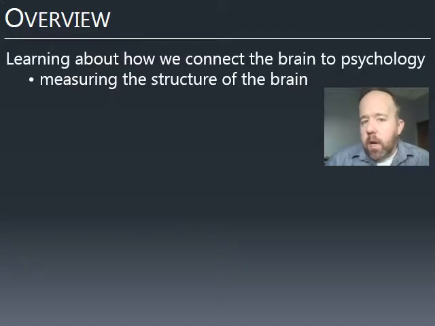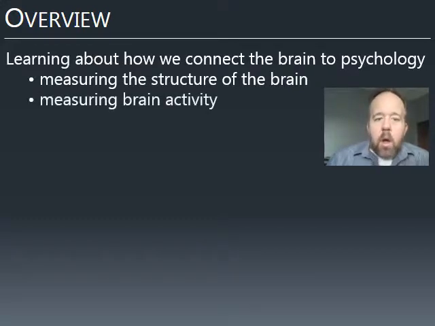We can look at its various parts, how those parts are connected to other parts, and what happens if that structure is disrupted. We can also measure brain activity, so neural activity, action potentials, synaptic transmission between neurons. We can look at that process and what that tells us about which parts of the brain are involved in which functions.